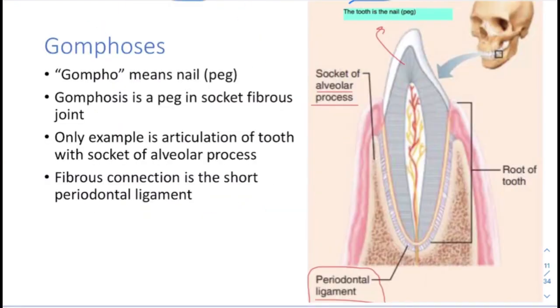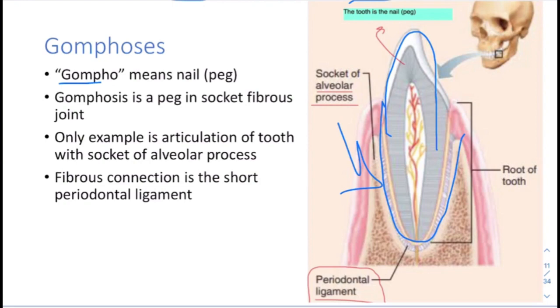Okay, so let's talk about gomphoses. Gompho means nail or peg. So the tooth is kind of like a nail or a peg, and it articulates with the socket of the alveolar process. So right here, this is the alveolar process, and this is the socket. So the articulation of the teeth with the socket of the alveolar process, we call this gomphosis or gomphoses.